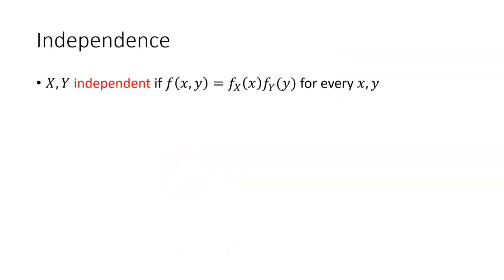And that's the other side of this piece. That's independence. We say that random variables x and y, these are continuous random variables, are independent if their joint PDF equals their marginals multiplied together. We alluded to this in class as well. If this is true, we would say that x and y are independent.